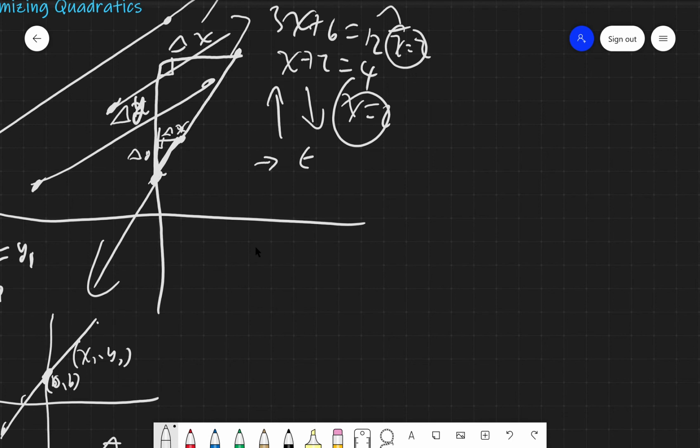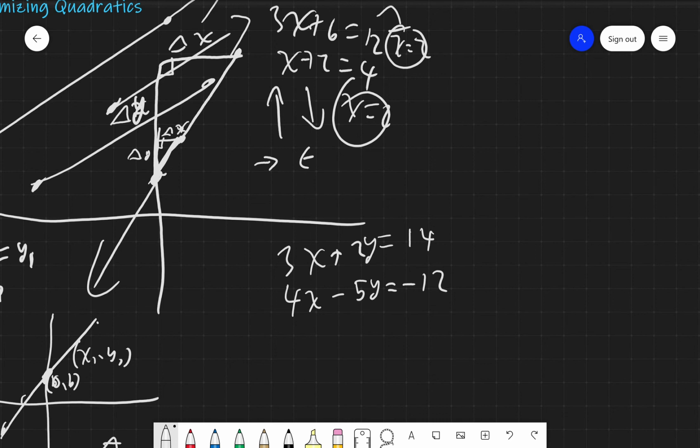So let's say we had 3x plus 2y equals 14, and 4x minus 5y equals negative 12. Alright, so now how do you solve for x and y?